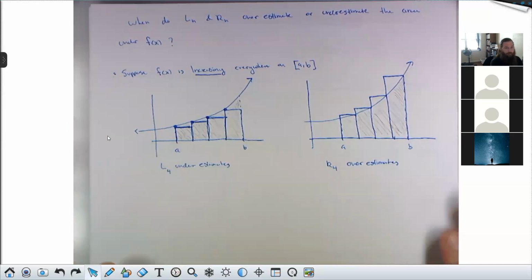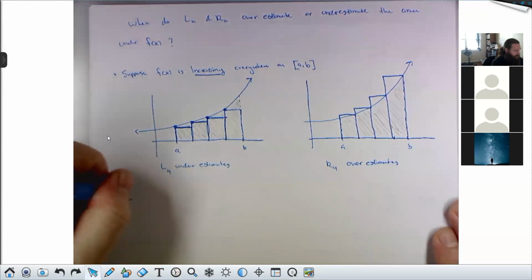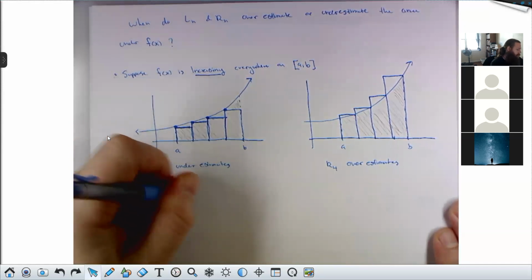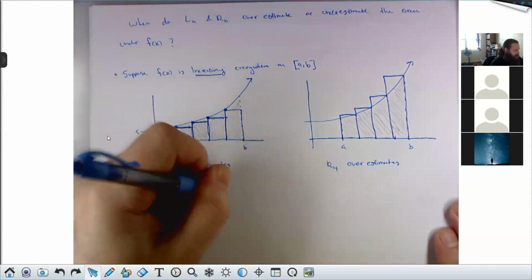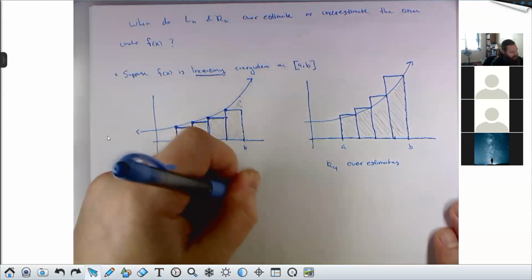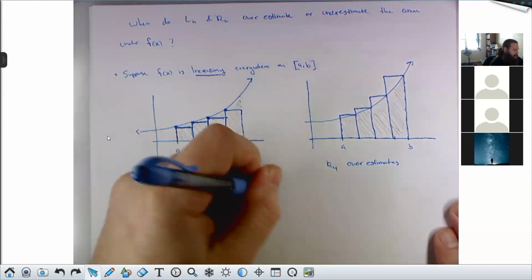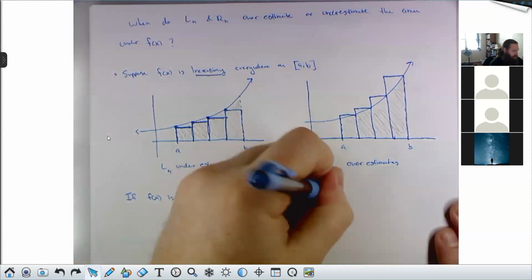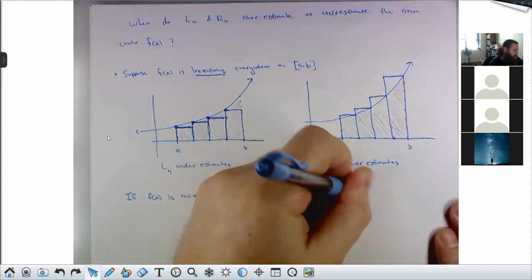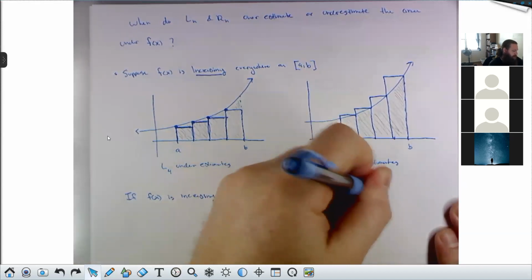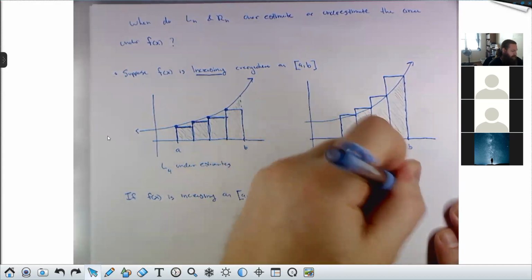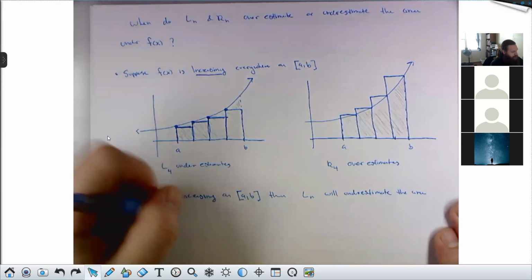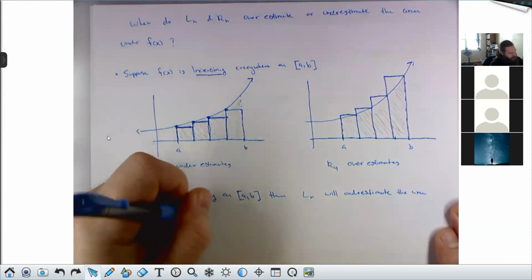And this is true in general. If f of x is increasing on the interval AB, then Ln, regardless of n, will underestimate the area and Rn will overestimate the area.